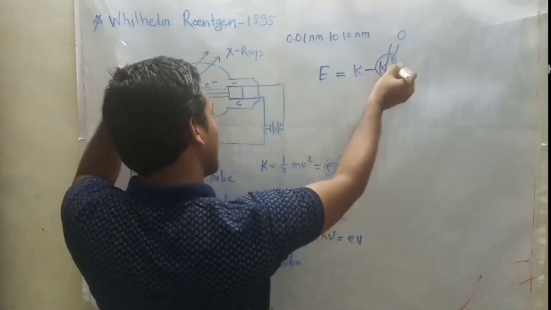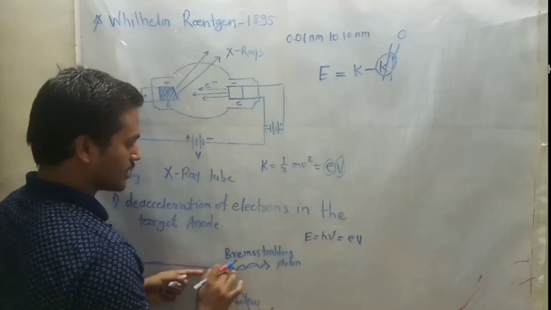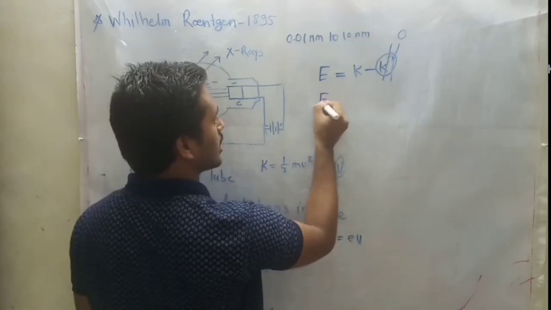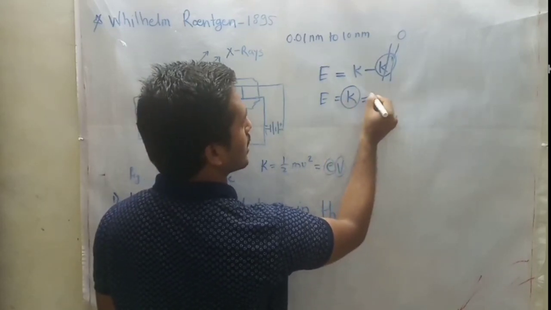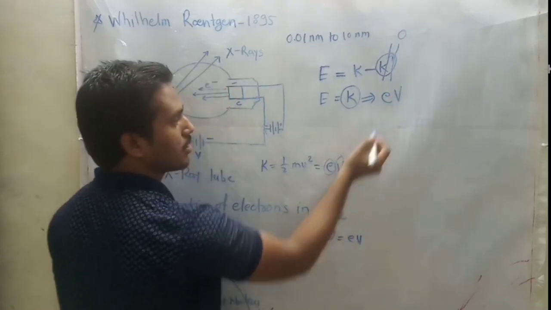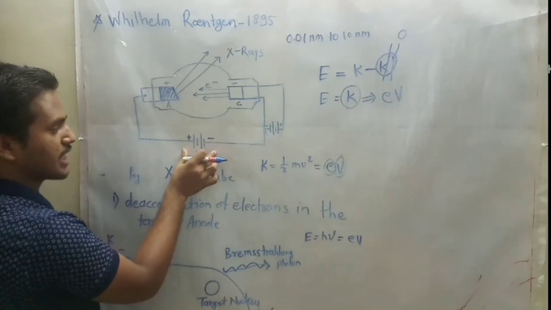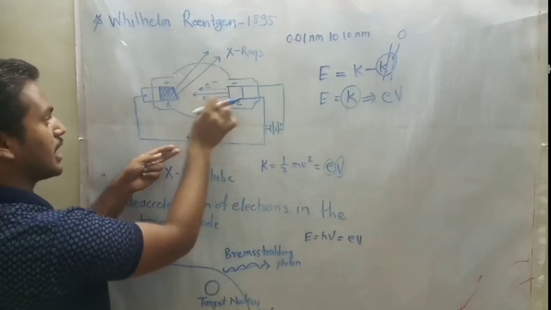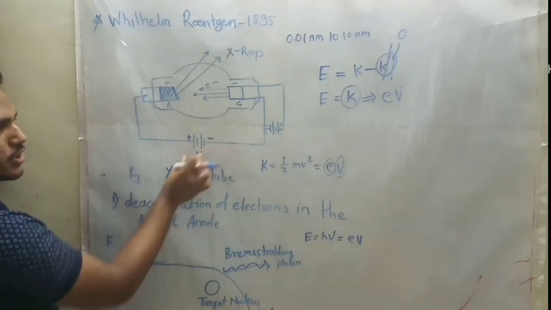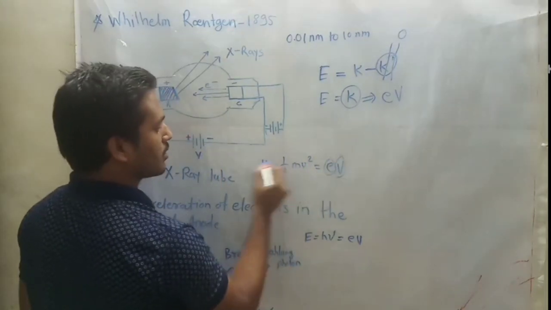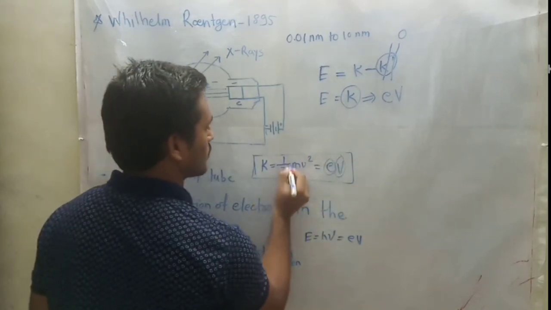At this time there is no K dash, so E equals K, and K equals eV, because this electron gains the kinetic energy from this applied voltage by this relationship. Understand?